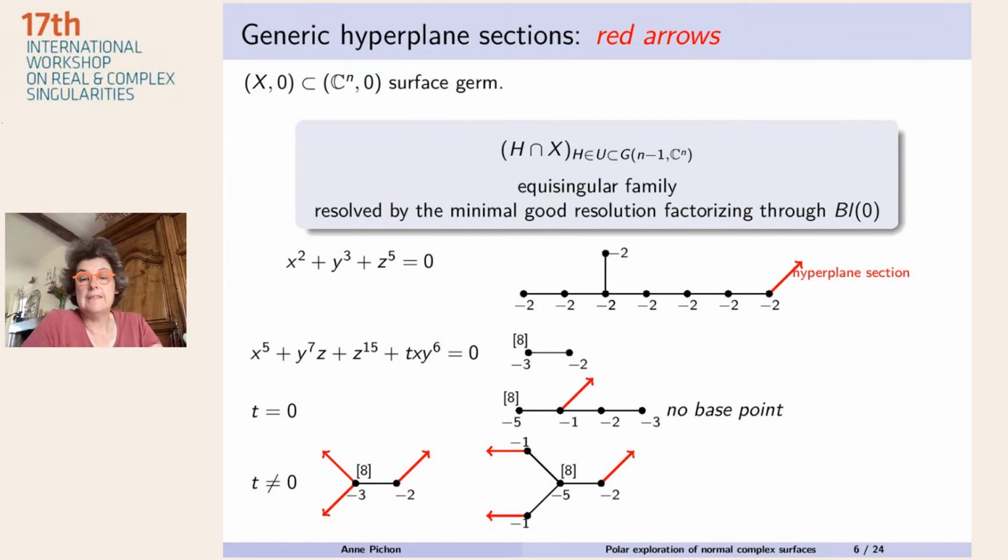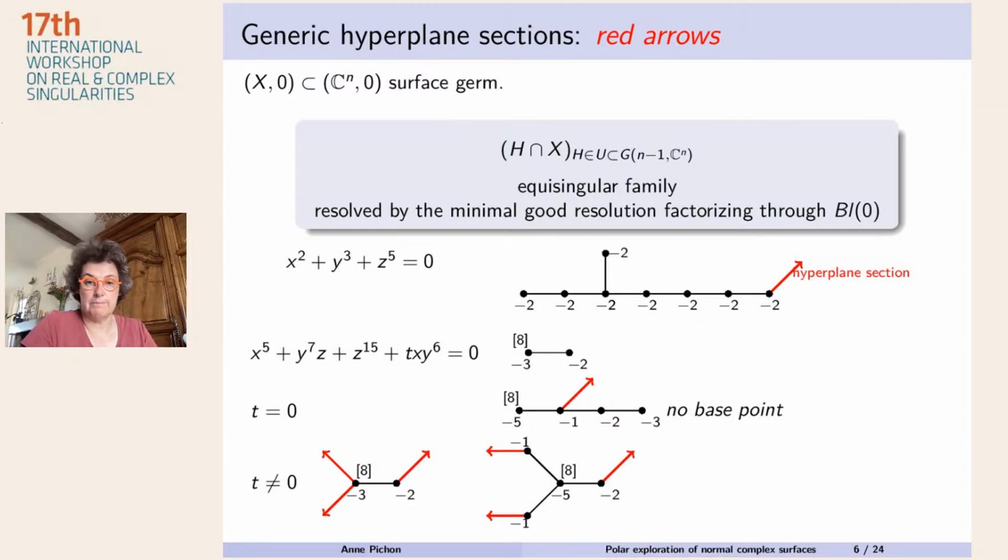Okay, so this shows you that the generic hyperplane section family is absolutely not topological data. You have to really work in order to make the minimal good resolution factorizing through the blow-up appear. So this is my first natural family of curves on X, and I will always symbolize it by red arrows.